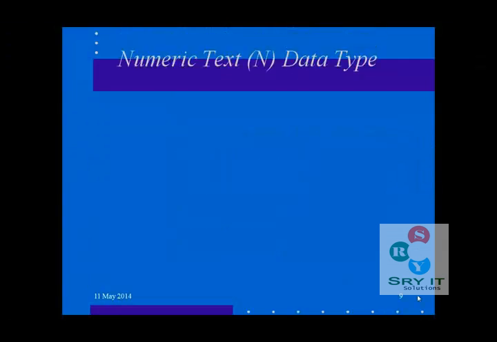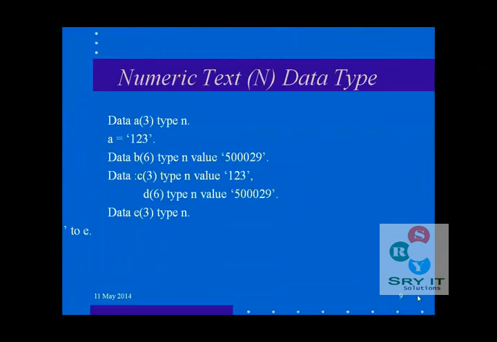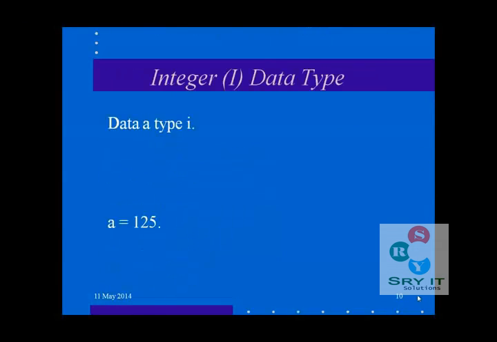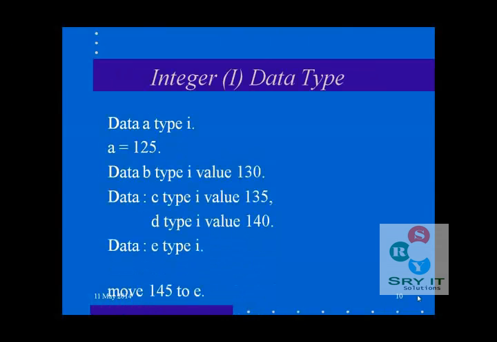The next data type is integer. Excuse me, I'm really confused between the integer data type and numeric text. What is the difference?